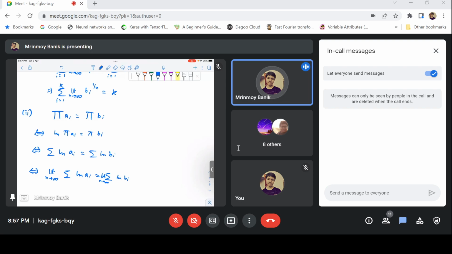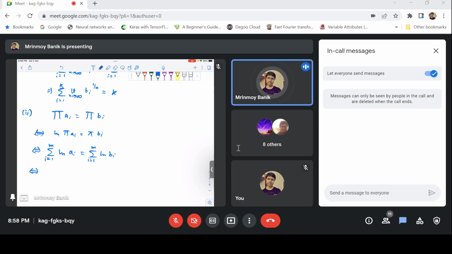Okay, we can multiply both sides by this. Let me think about it. So we have to show both of them are equal. Now the sum both runs from 1 through m.